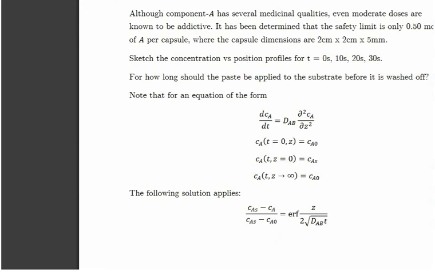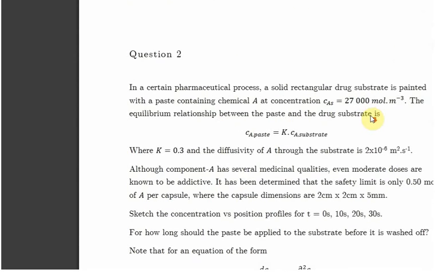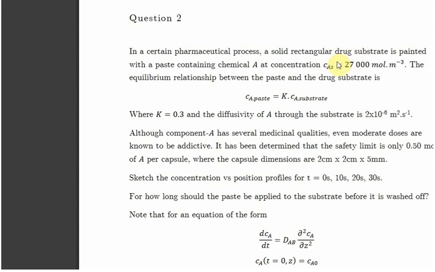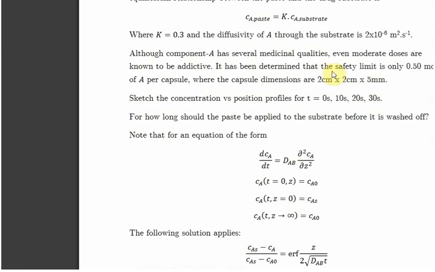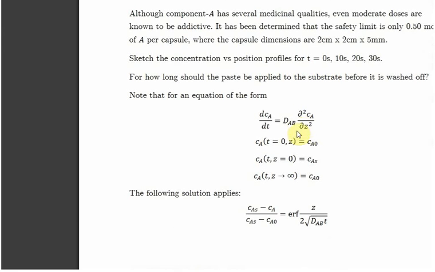Alright, so looking back at our tutorial 2, you might recall this problem where we had diffusion into some drug substrate. We had some component diffusing into that drug substrate, and this was the differential equation that applied. So we had diffusion of component A into the drug substrate over time and over the thickness of the substrate.